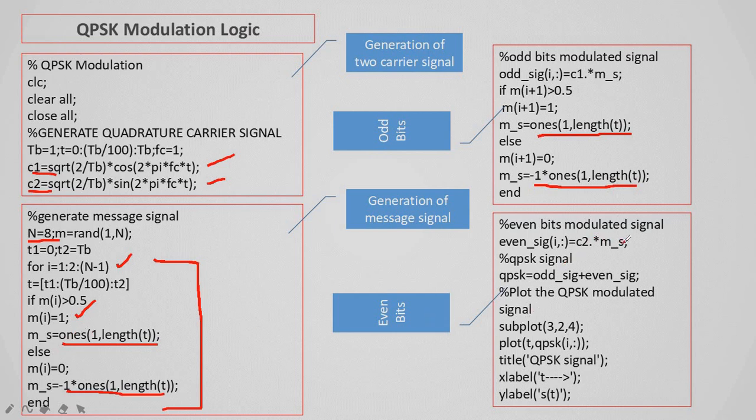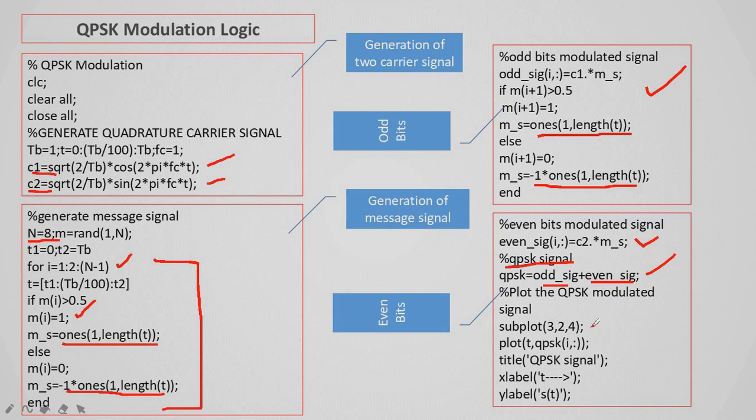So m suffix s. Then you have to add the QPSK signal by taking the odd value and the even value as n. So QPSK is equal to odd_signal plus even_signal. Then you have to plot the QPSK. That means first you have to identify odd, then you have to identify even, then you have to add those two signals, then you have to plot this.